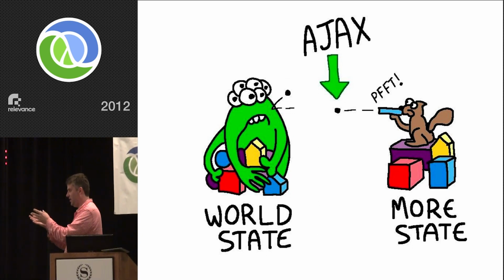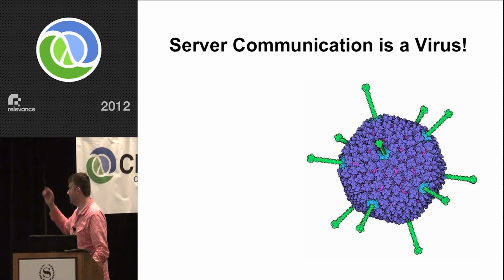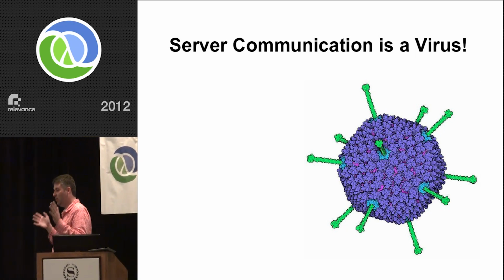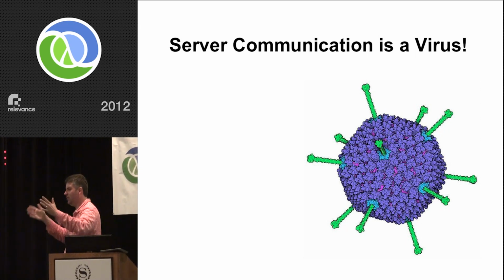So if you have corruption somewhere in your data and you keep using that data, it's going to break other things in your program. So I like to think of server communication as a virus. So the idea here is that we want most of our functional code to say to itself, oh, this world state, that's all there is in the world.